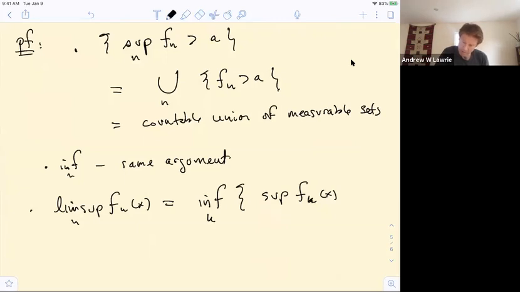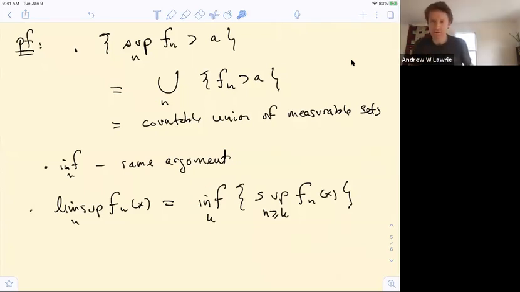Sorry, got my indexes wrong. There we go. Then this is a measurable function by the first part, and then again, we could take the inf of a sequence of measurable functions.